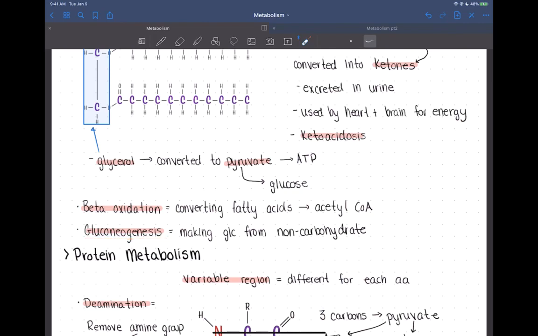Okay, so this is just the process of making glucose from something that's not a carbohydrate. So in this case, a fat. All right, so neo meaning new. So it's like we're genesis, making a brand new glucose from something that wasn't sugar before. Okay, gluconeogenesis.